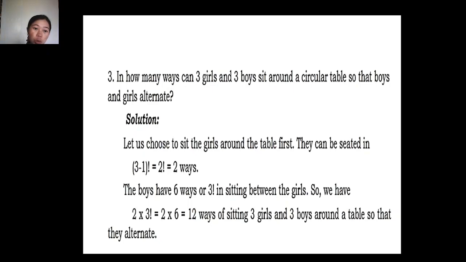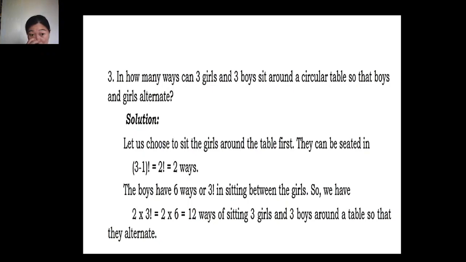So, for our solution, sabi dyan, let us choose to sit the girls around the table first. So, kung ang unang uupo ay mga girls, ibig sabihin, i-insert lang natin sa girls yung mga boys kasi nga alternate. So, kung unang uupo sa circular table yung 3 girls, the number of circular permutations will be equal to n minus 1 factorial.